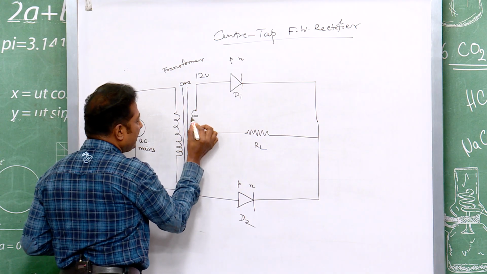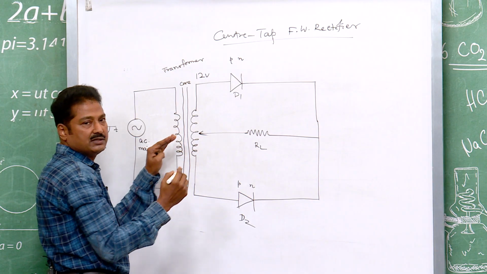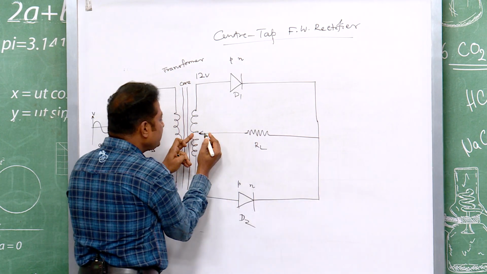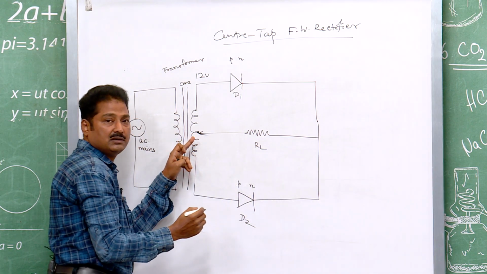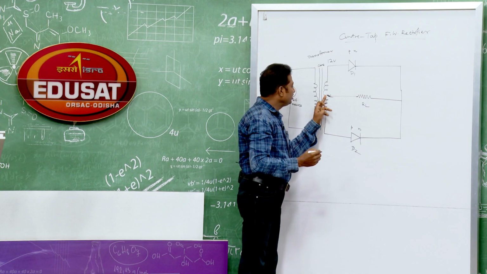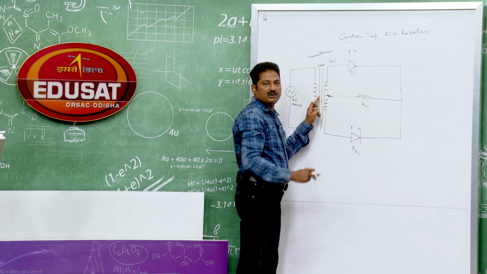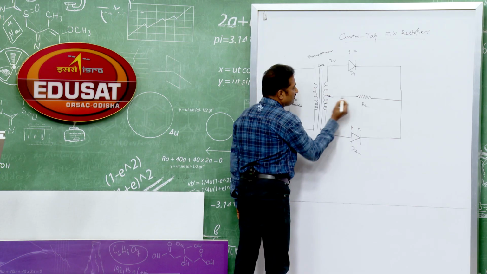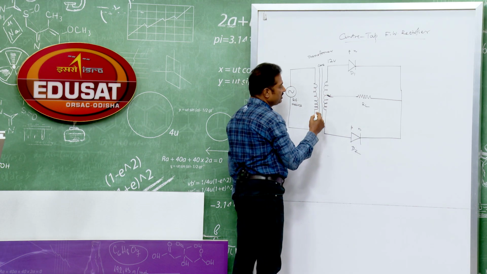The secondary coil is divided into 2 parts. This is the center point, and a connection is taken from the center point of the secondary coil. That is why it is called center tapping. So, it is tapped, it is touched to the center of the secondary coil. That is why the name center tap rectifier, it is using the center tap configuration.